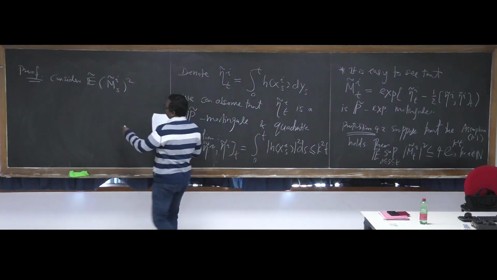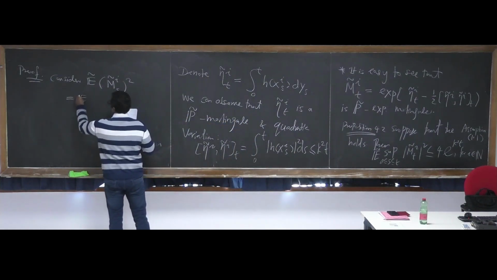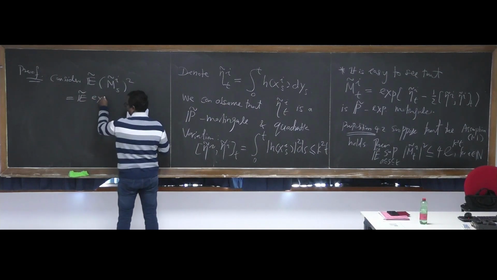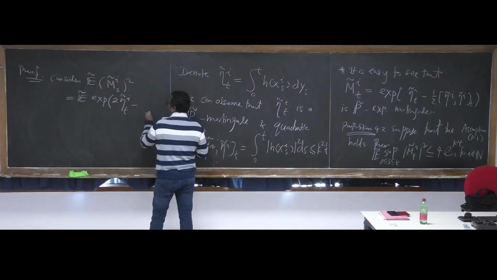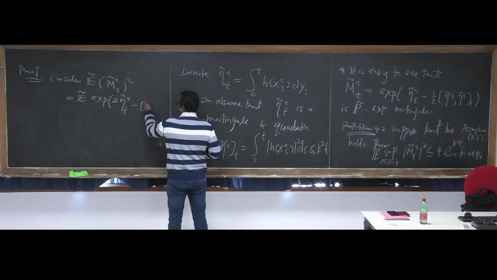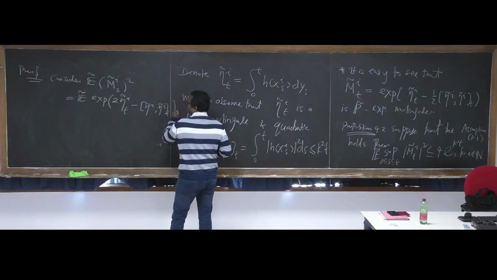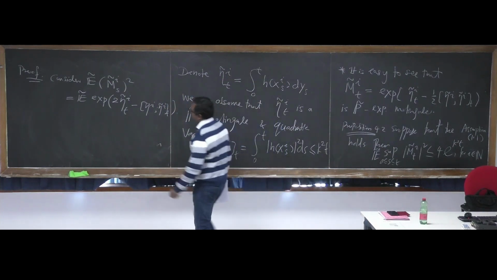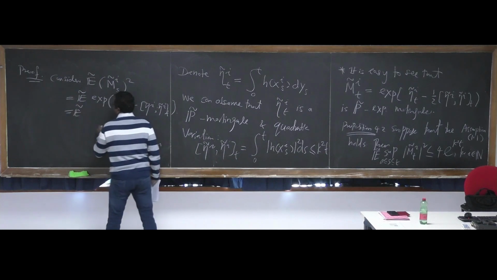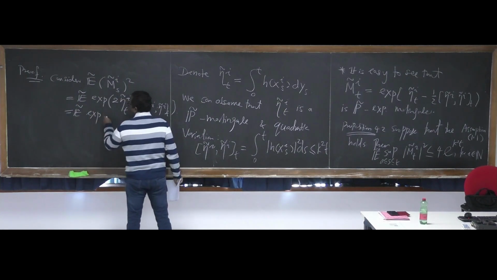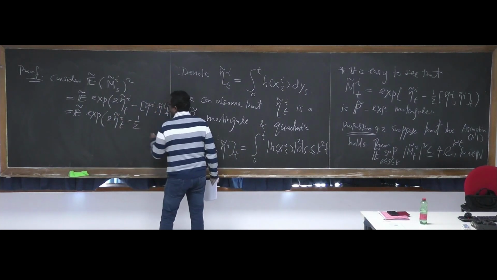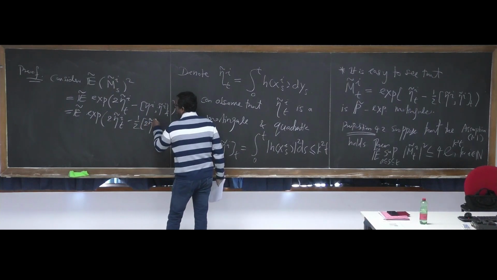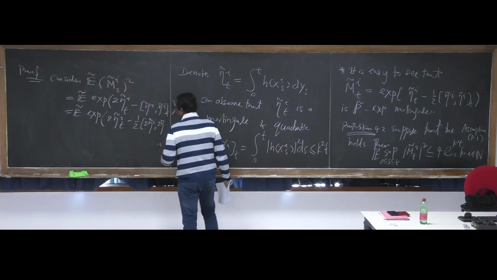So this is nothing but expectation of exponential of 2 times eta tilde I t minus the quadratic variation of eta tilde I. So you can re-express this one as expectation of exponential of 2 eta tilde I t minus 1/2 of 2 times eta tilde I, the quadratic variation of 2 times eta tilde.